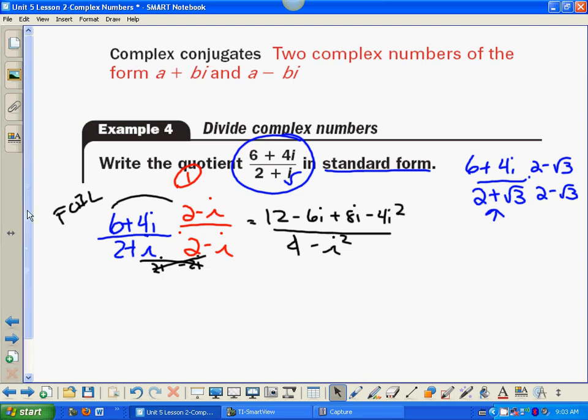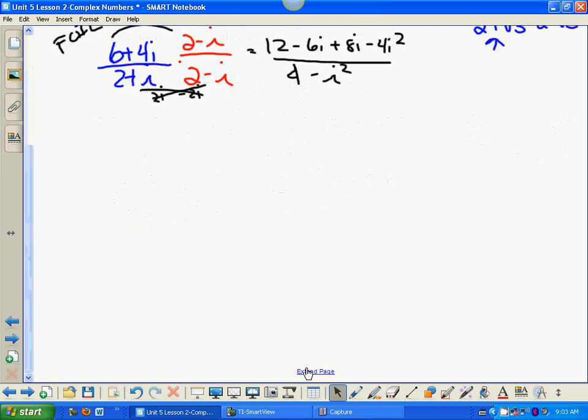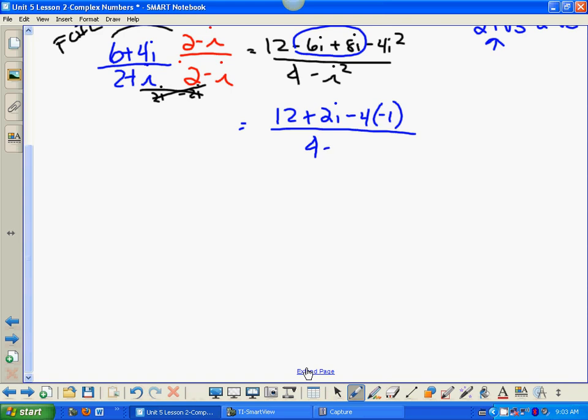Again, I'm going to do this in steps. You might not need all of these steps, but I just want to have clear work. In the numerator, I can combine those terms. So I have 12 plus 2i minus 4i squared, and i squared is negative 1. In the denominator, I have a negative 1.